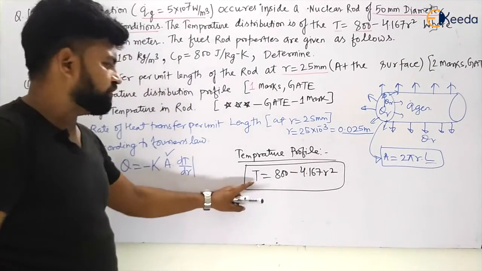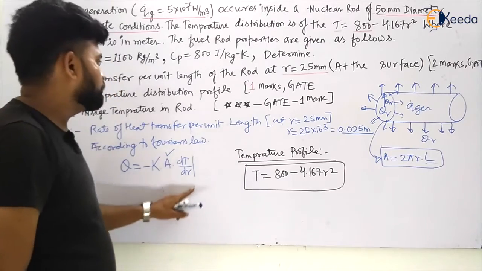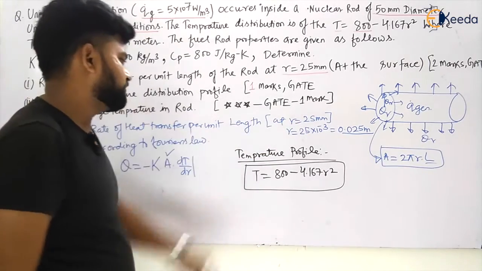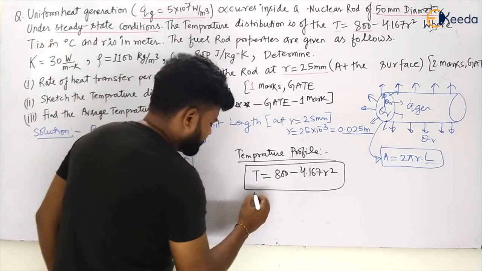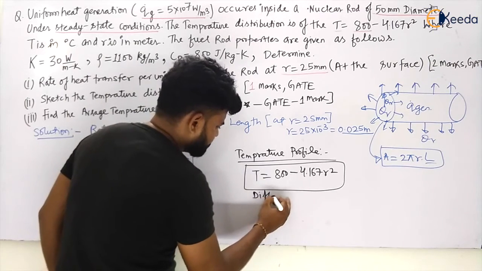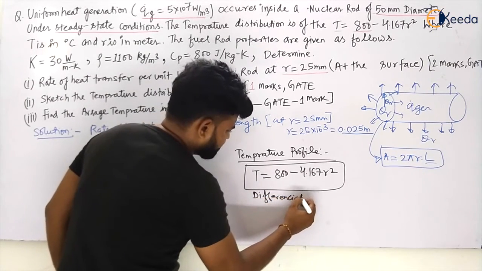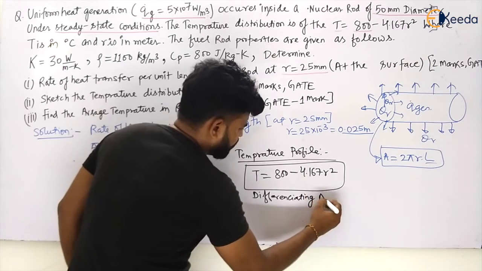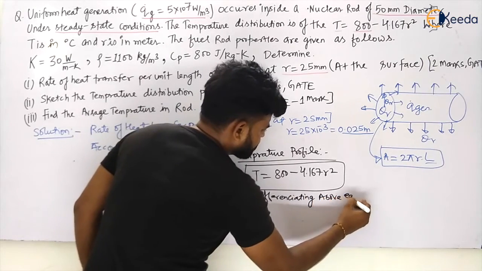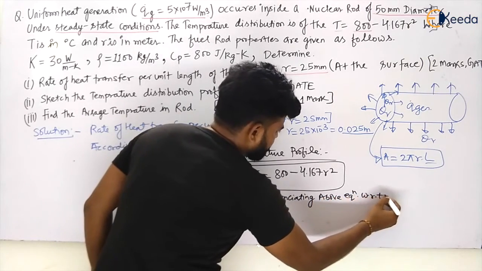So can I have the value of dT/dr at r equal to 0.025 meter? Yes. Differentiating the above equation with respect to r, my dear students.